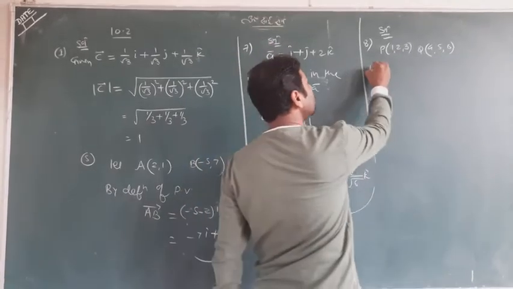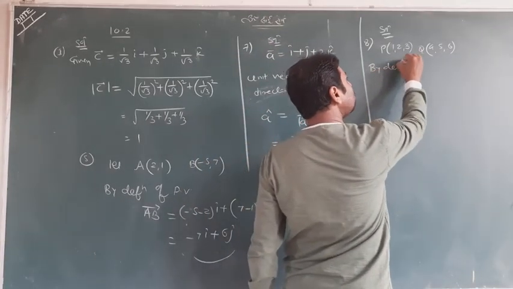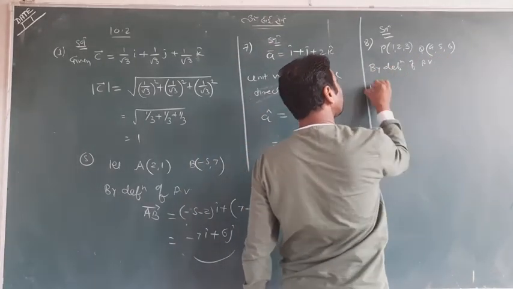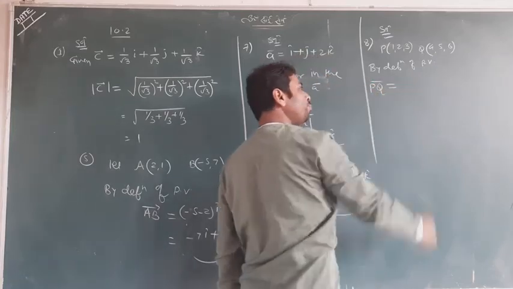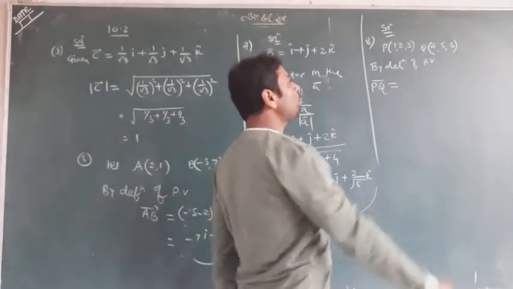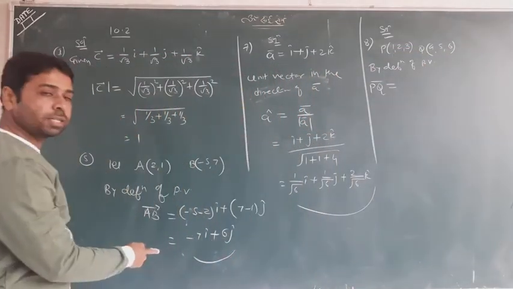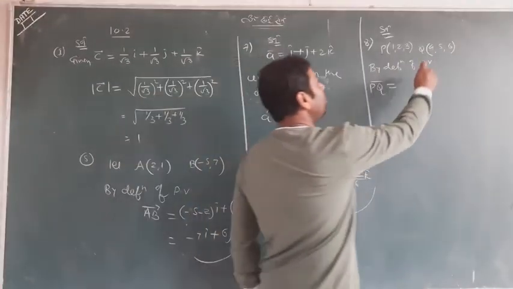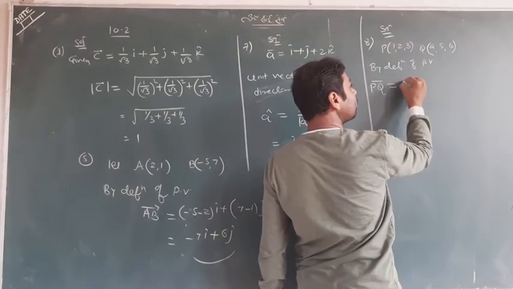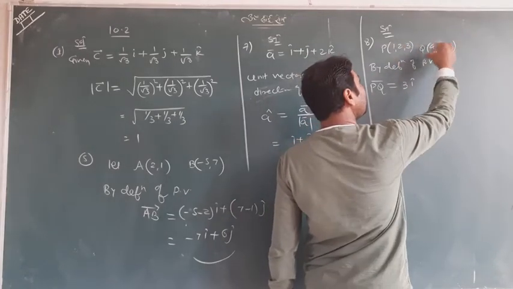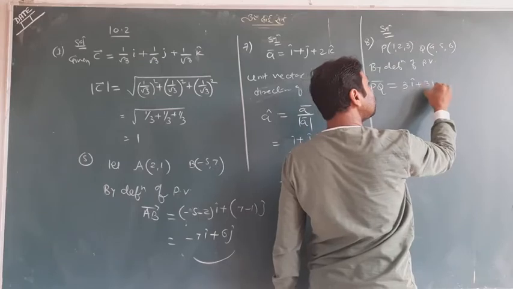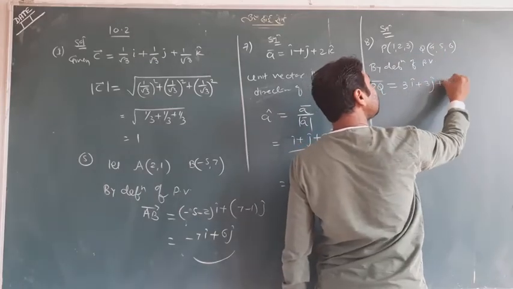By the definition of position vector, PQ means position vector of Q minus position vector of P. Short formula you can use, same idea here. 4 minus 1 is 3i, 5 minus 2 is 3j, 6 minus 3 is 3k.